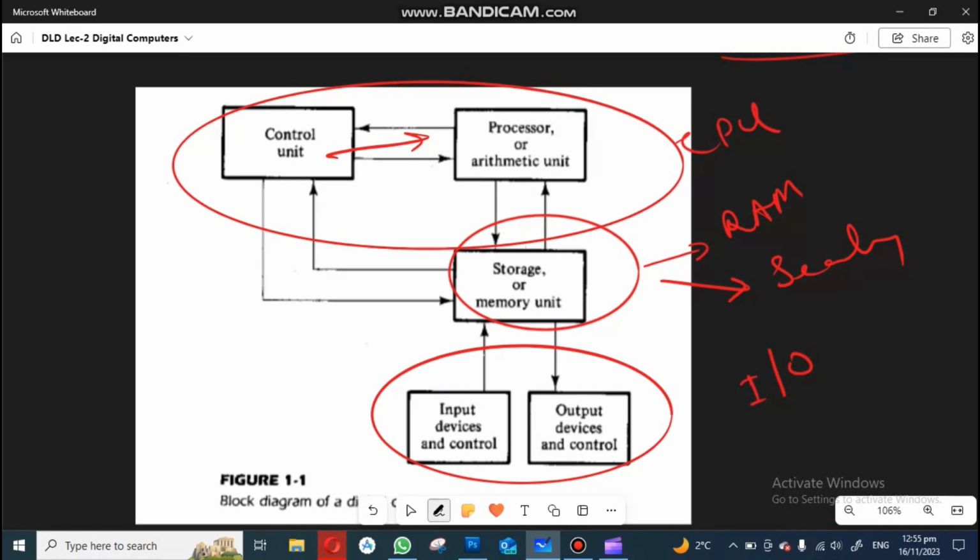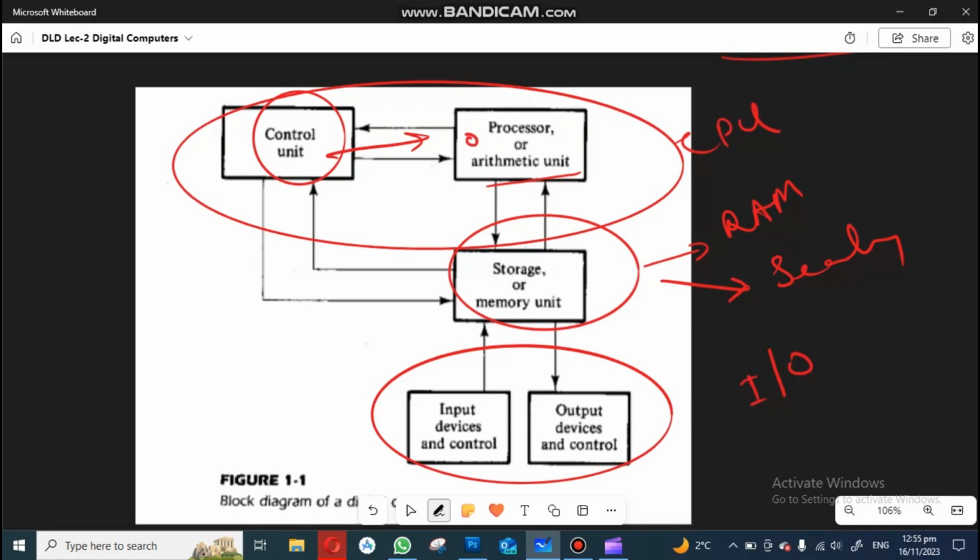Now if you are familiar with the internal components of a computer, you might know about the arithmetic and logic unit, the ALU, which is responsible for performing arithmetic or logical operations, or mathematical operations, inside the CPU. Then there is the control unit, which controls all the operations inside or outside the processor.